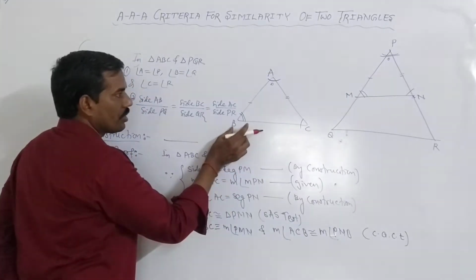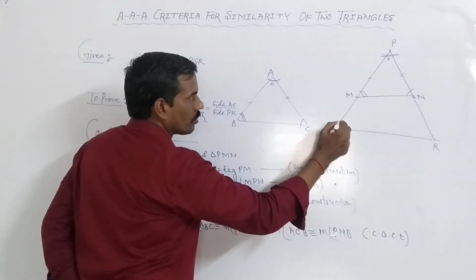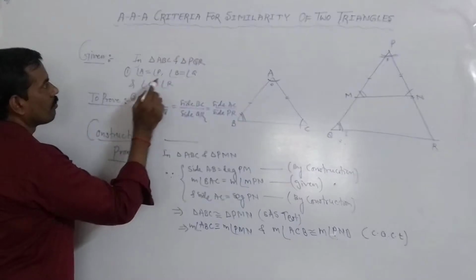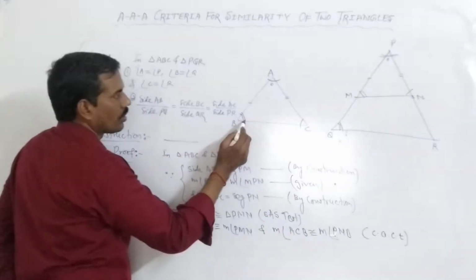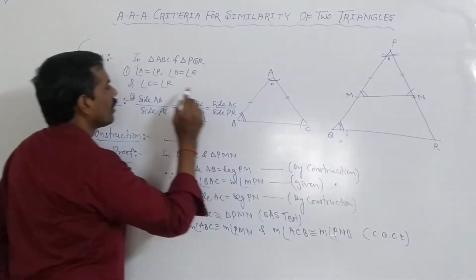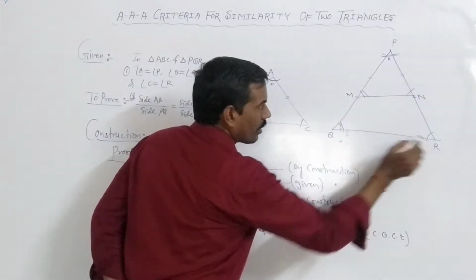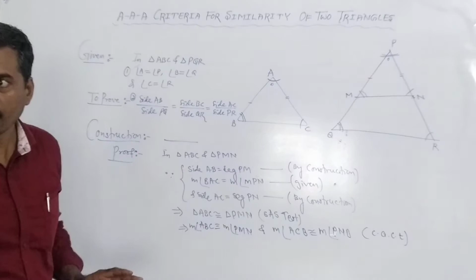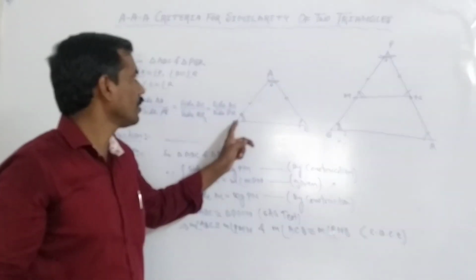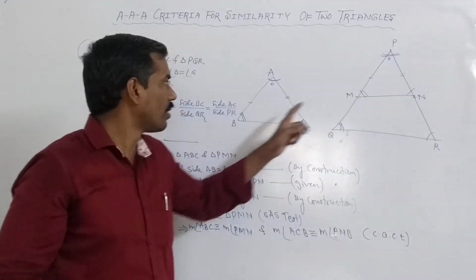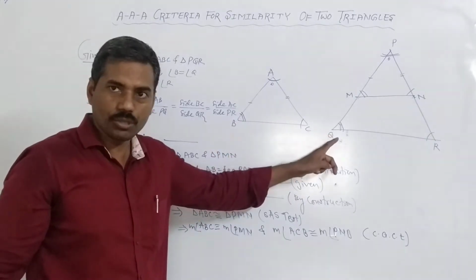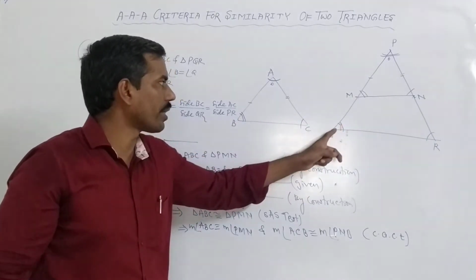But angle B is equal to angle Q, and angle C is equal to angle R. Clear? Angle B is equal to angle M, but angle B is equal to angle Q, so angle M is equal to angle Q.